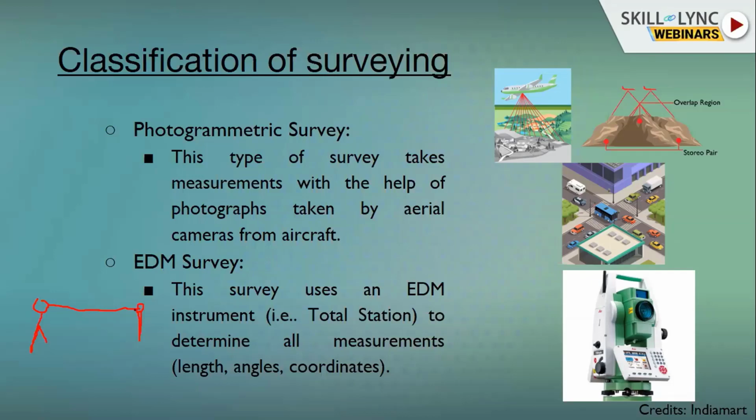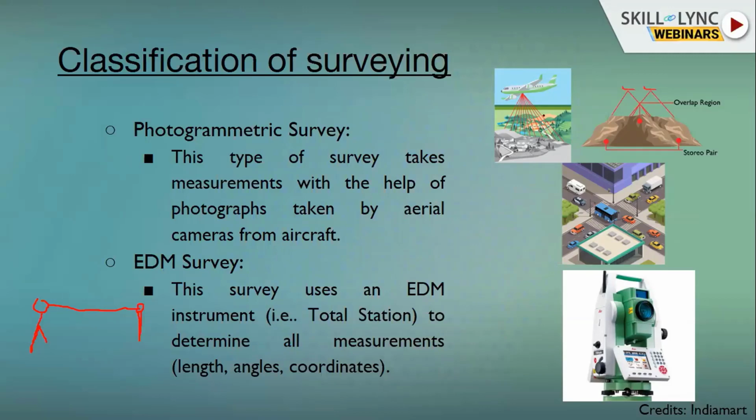The other one is aerial survey, where you use a balloon or an aircraft to do the survey, which means there is no connection between the camera and the ground. So one flight is going to move at different heights, depending upon the purpose, say 300 meters or 600 meters.